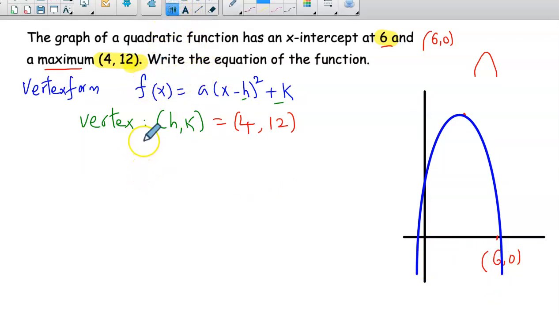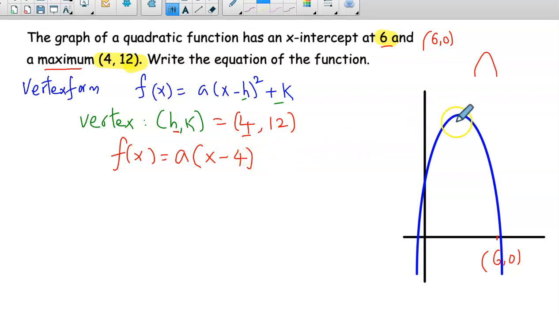All right, so once again I'll go here. Now this f(x) is equal to a. I don't know the value of a, I'll hold on to that. Then x minus h, and h is equal to 4, which is your axis of symmetry also.